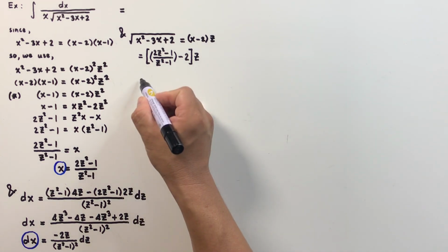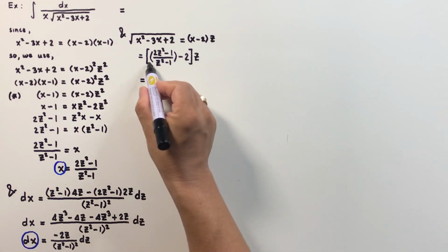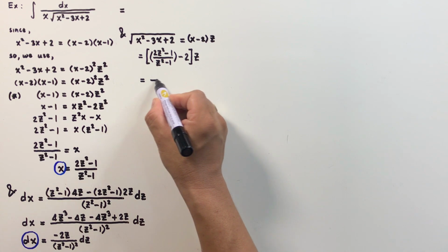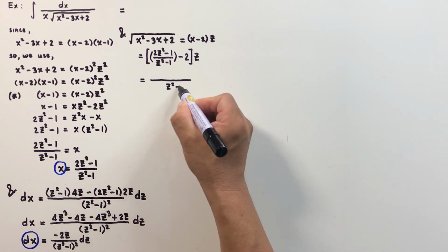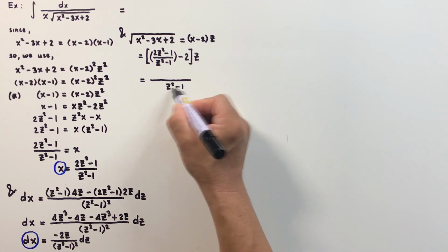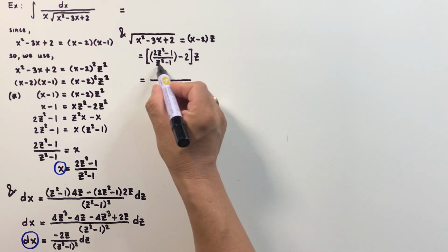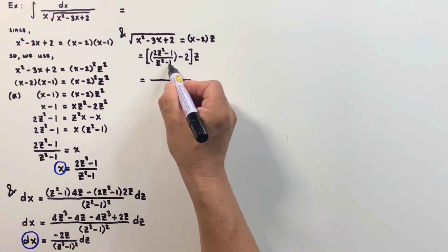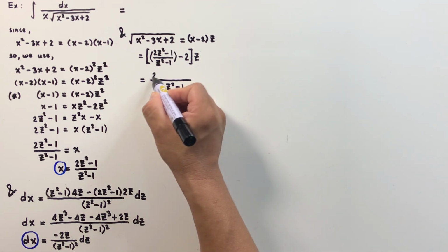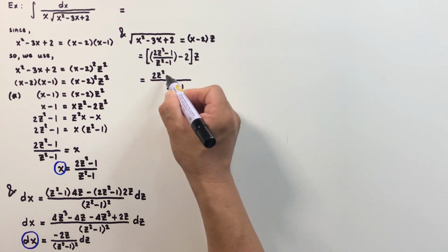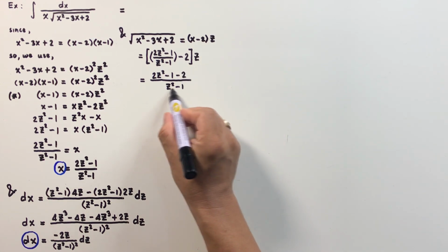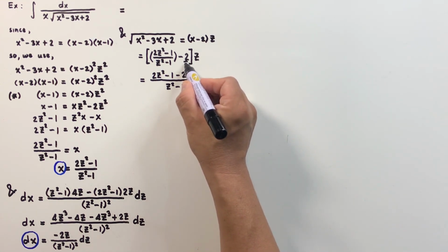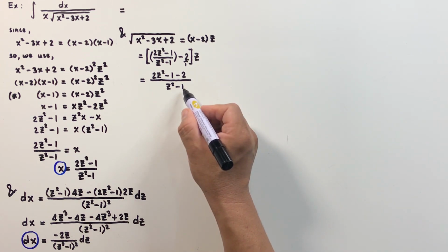Now, combining the two terms inside this bracket, we have our LCD, which is z squared minus 1. And z squared minus 1 divided by z squared minus 1 is 1, times the numerator of 2z squared minus 1. And this z squared minus 1 divided by 1 is z squared minus 1.